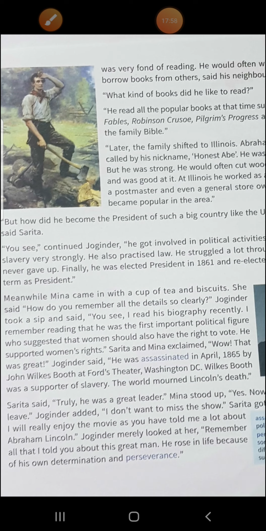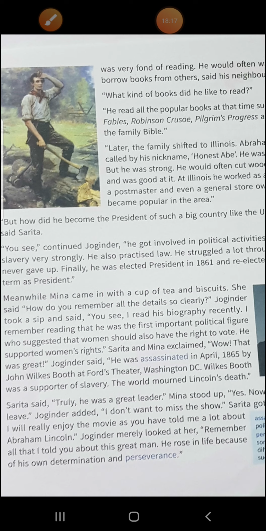He was not just a normal president. He was someone who did so much for his people. He was the person who suggested that women should get the right to vote. He was a supporter of women's right. Then he opposed slavery.